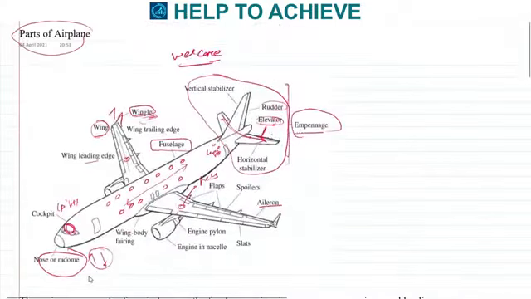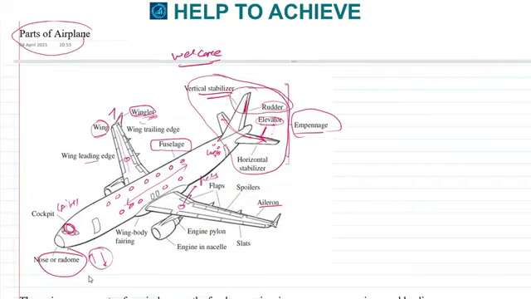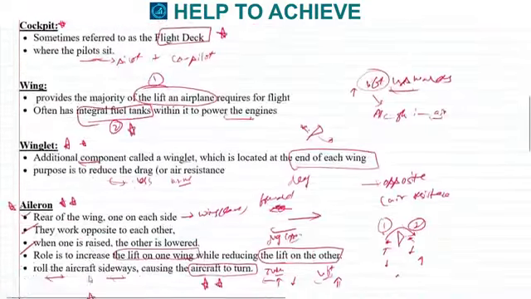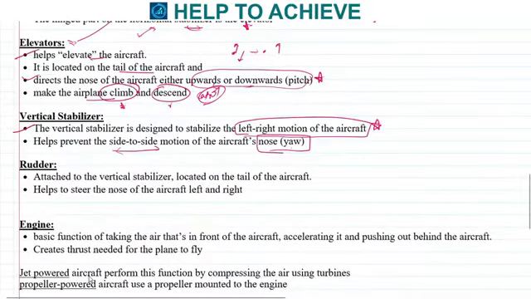As we can see in this diagram, the rudder is attached to the vertical stabilizer. With the help of the rudder, the vertical stabilization is achieved. The rudder is attached to the vertical stabilizer, which is located on the tail of the aircraft. It helps to steer the nose of the aircraft left or right.